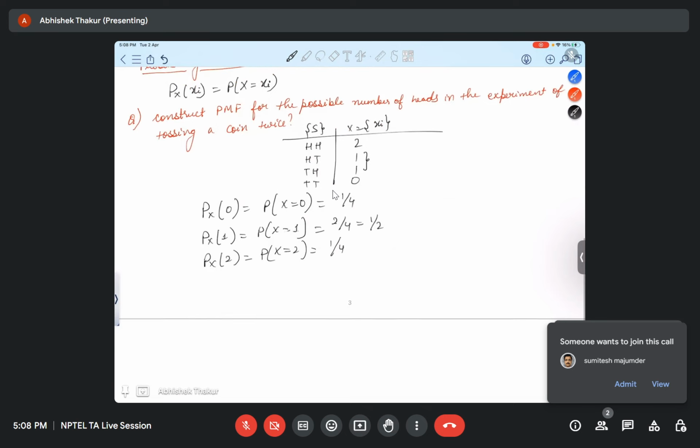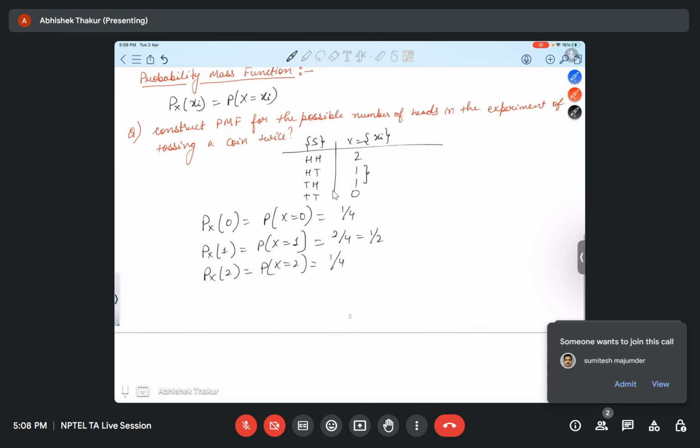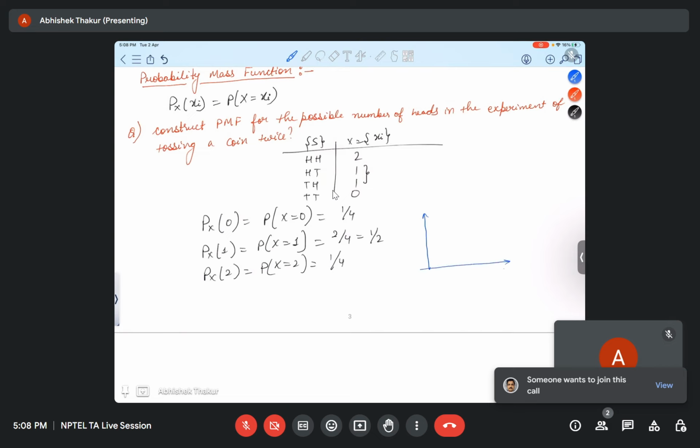So now for constructing the PMF, we will plot this graph. So this is xi and this is probability of X is equal to xi. So for X is equal to 0, what is the value? 1 by 4.